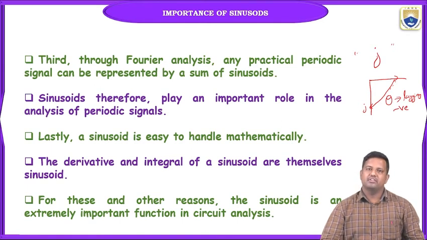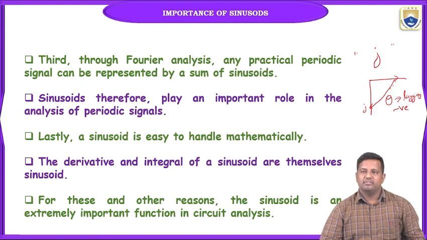These things we are going to see in the next classes, but at this point of time I would like to give just a brief introduction. There is a plus J operator and a minus J operator.